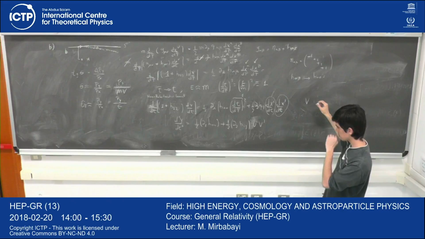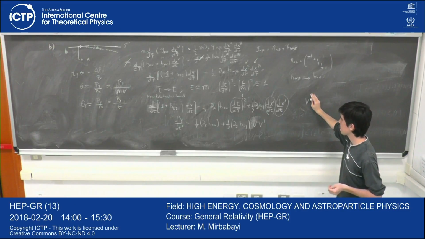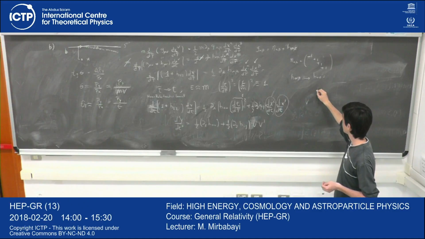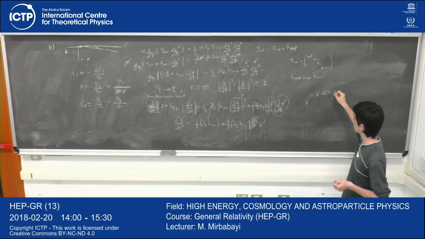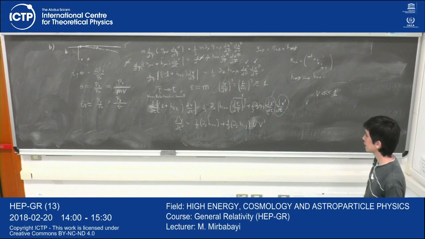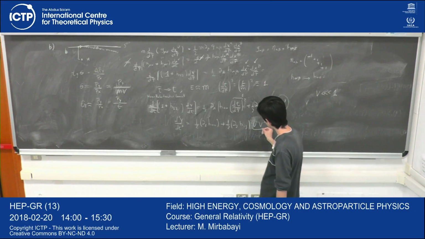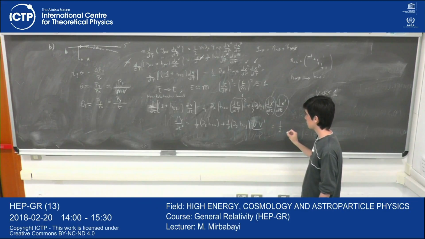Well, what's the definition of non-relativistic? That I have v much less than 1. Okay, so can we say this is something small, which means that even I can collect it.